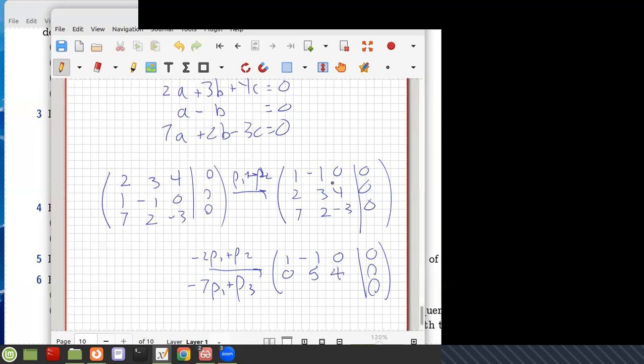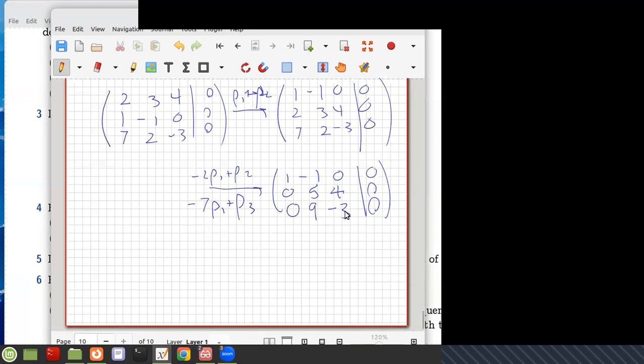And that doesn't change. And then we're down to the last, minus 7 plus 1 is 0, and minus 7 times minus 1 is 7 plus 2 is 9. And this doesn't change because it's a 0. Okay. If I make a mistake, tell me.